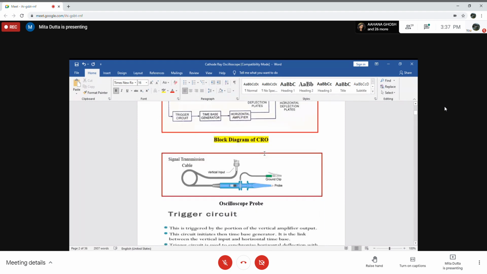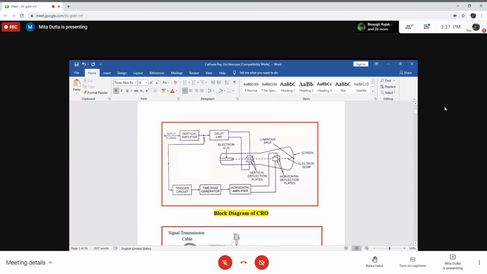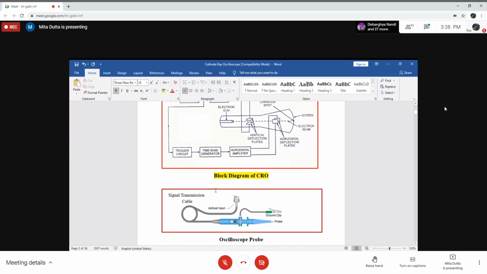Now the trigger circuit is activated by part of the input signal, as we have seen from the figure, and it activates the time-base generator. The trigger circuit is used for synchronization of the vertical deflection system and the horizontal deflection system, because unless both voltages are present on the deflecting plates, we cannot see the image on the scope screen.